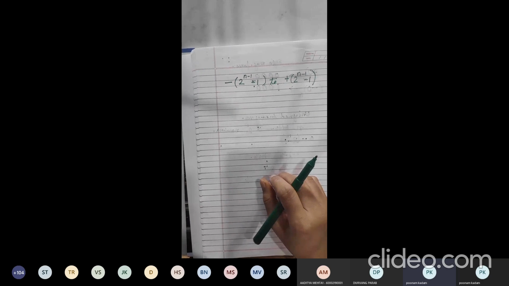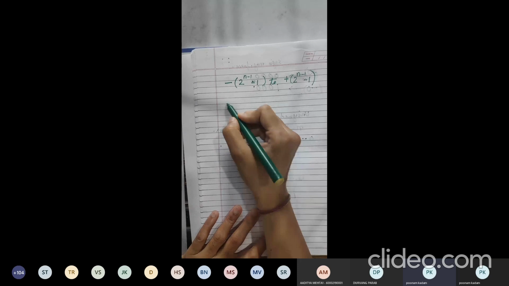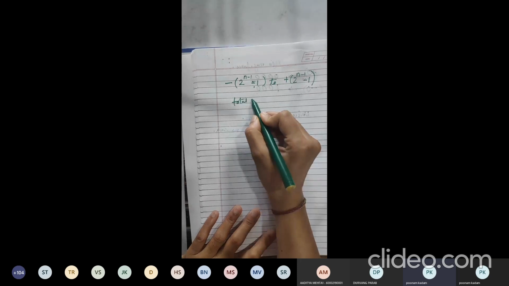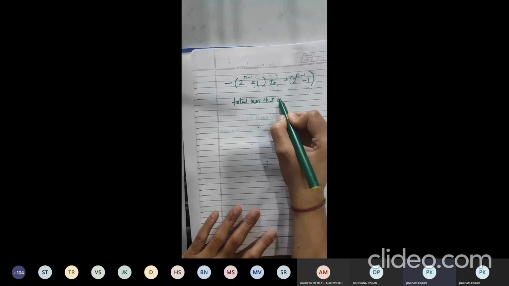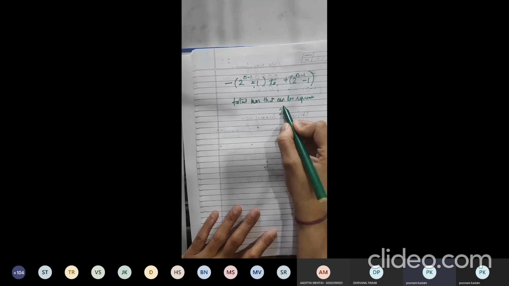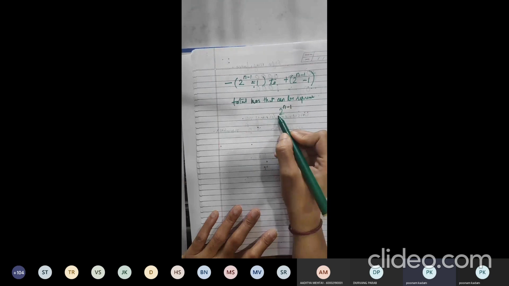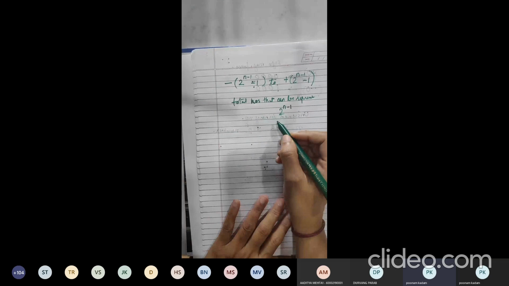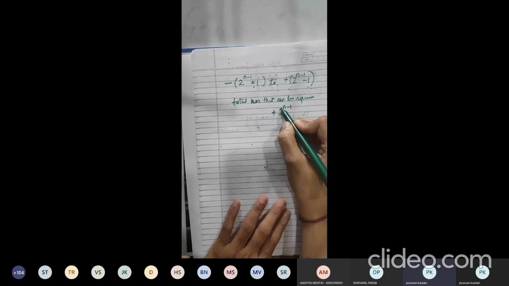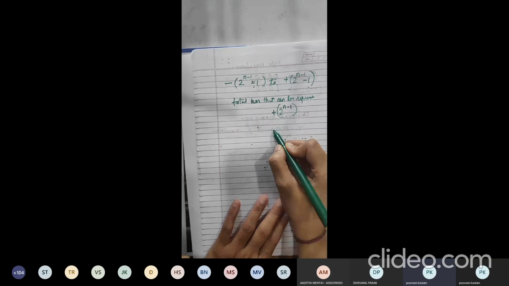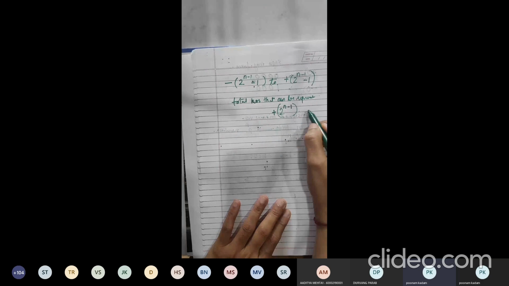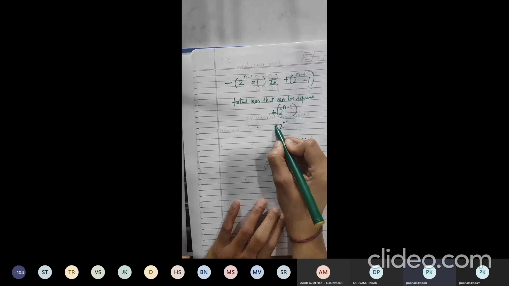So the number of code words that are possible will be 2 raised to power n minus 1 positive numbers and 2 raised to power n minus 1 negative numbers also.